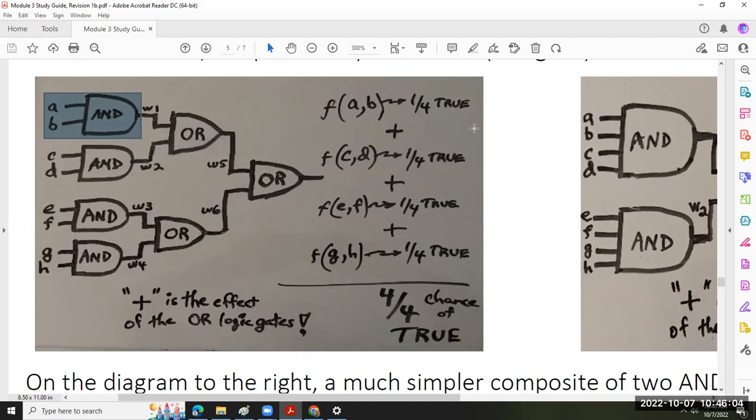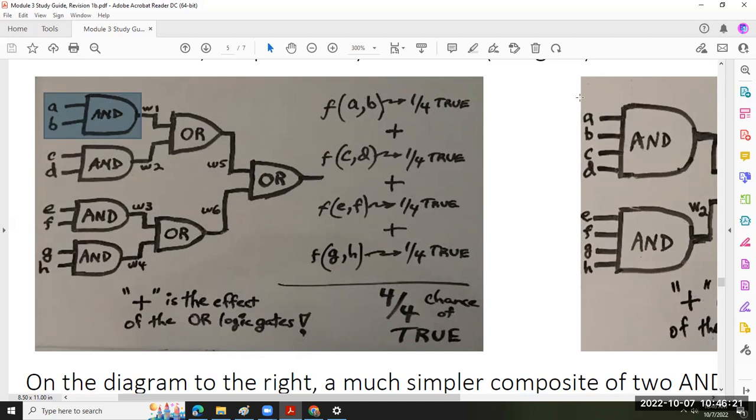No, absolutely not. It sounded like a trick question, but we only have 2 inputs. So 2 squared is what? 4. We have 4 rows. There's only 4 rows in this truth table. Everybody with me? Yeah, simple truth table here, right?